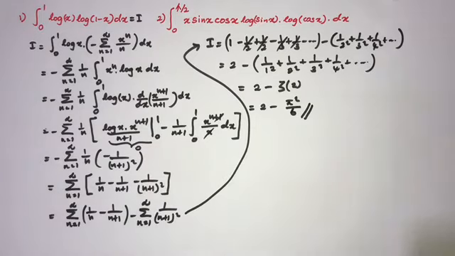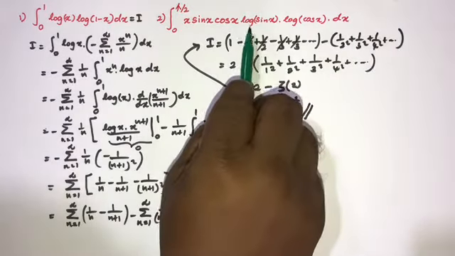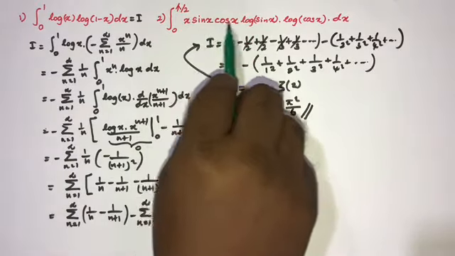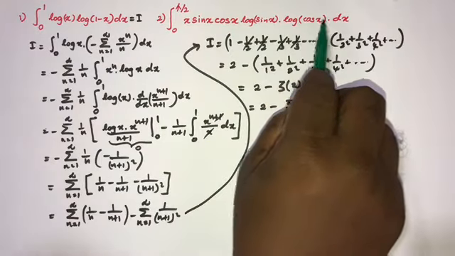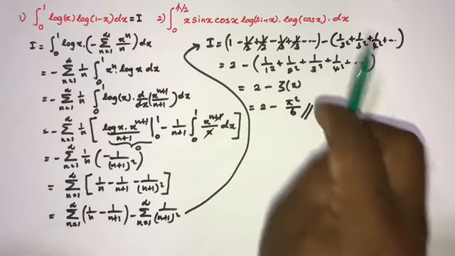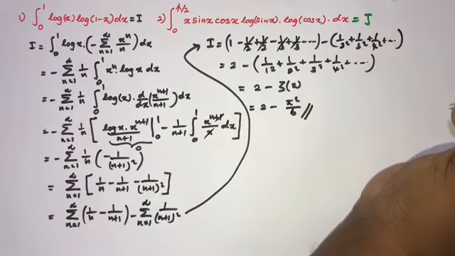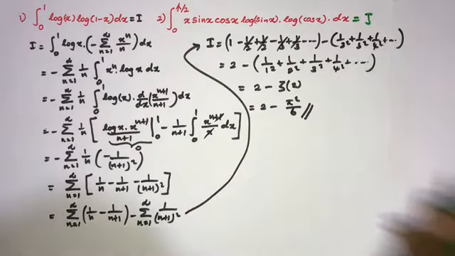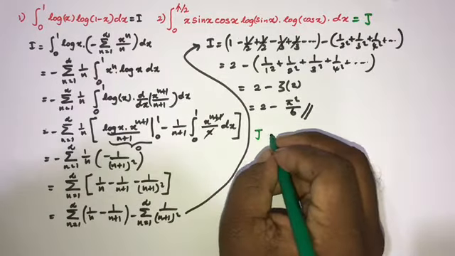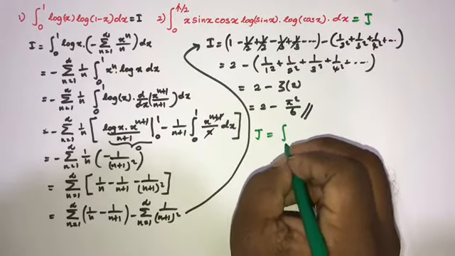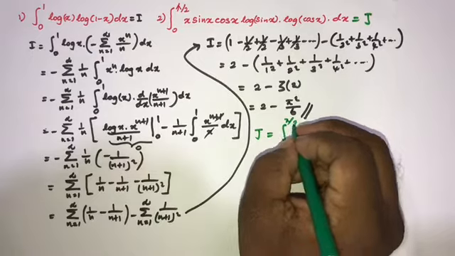Well, then I'm going to take our second integral, integral from 0 to π over 2 of x sine of x, cosine of x, natural log of sine of x, natural log of cosine of x dx. So I'm going to say this integral is equal to J, and now we know J is equal to the integral from 0 to π over 2.